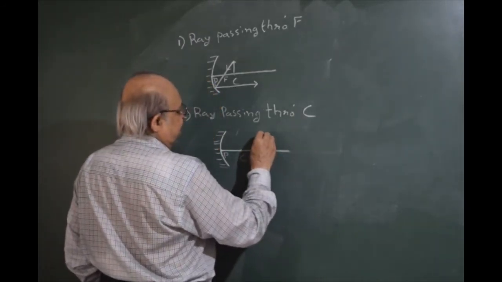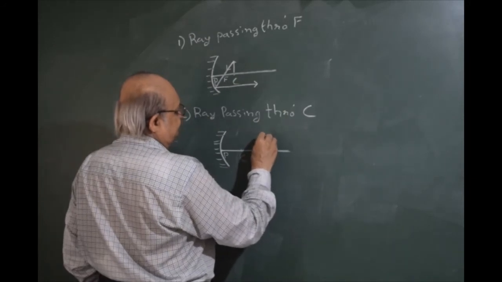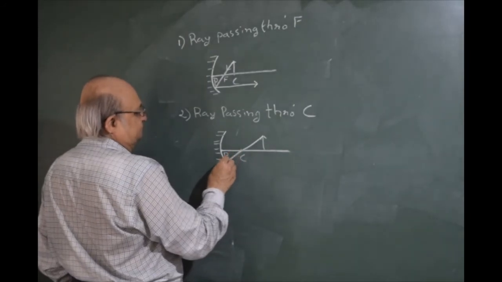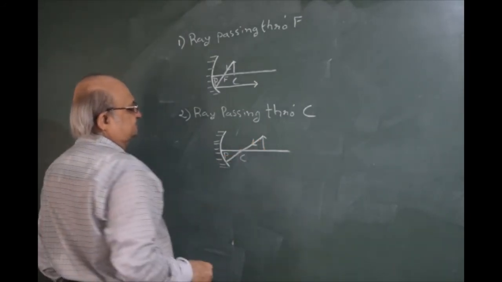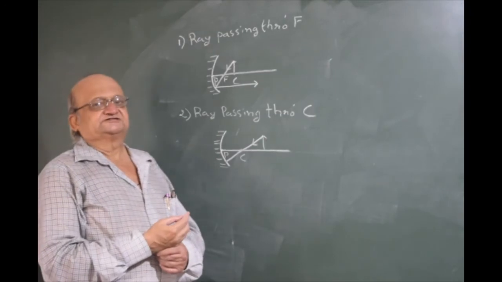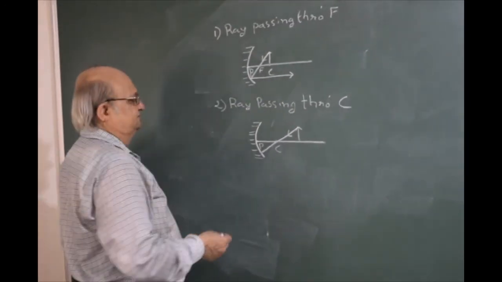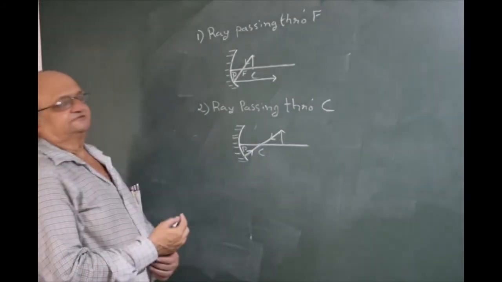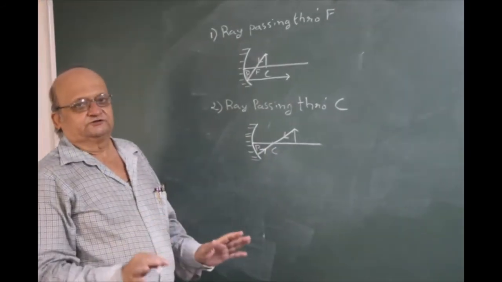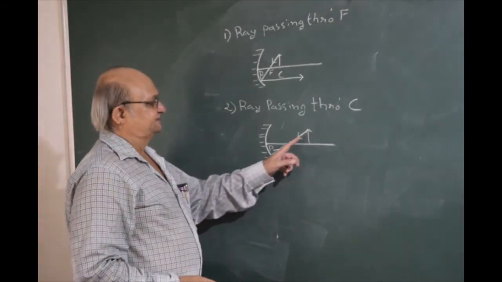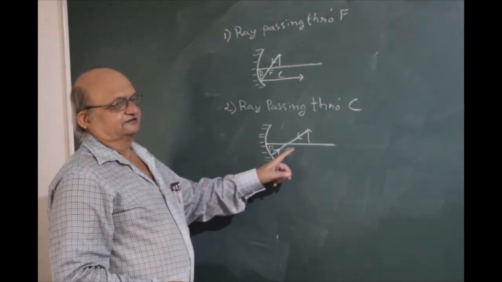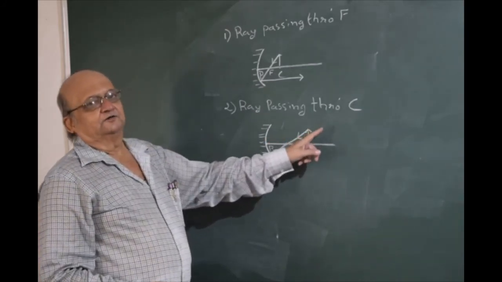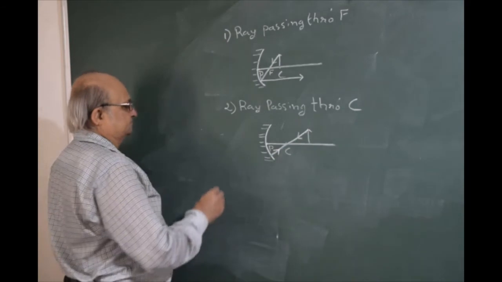If we place the object somewhere here, then we can draw a ray passing through the center of curvature. And what will happen to this ray after reflection? It will return along the same path. No choice. If the incident ray is passing through the center of curvature, after reflection, it will go back on the same path.